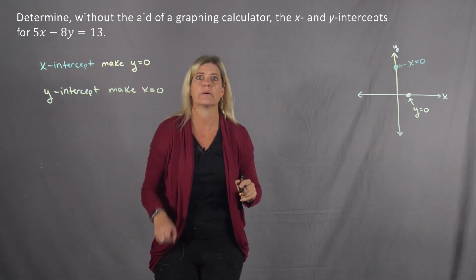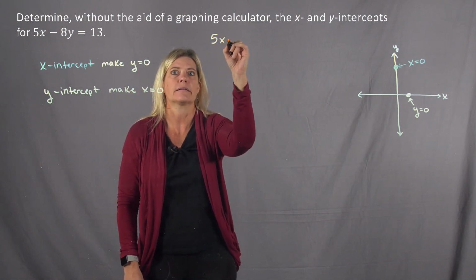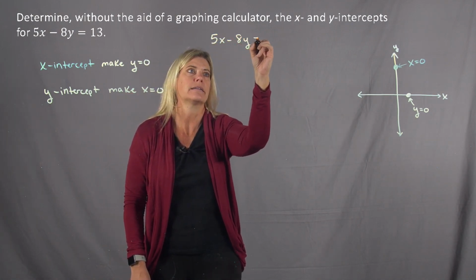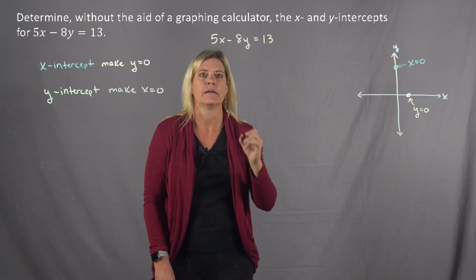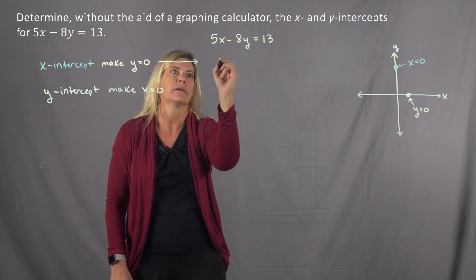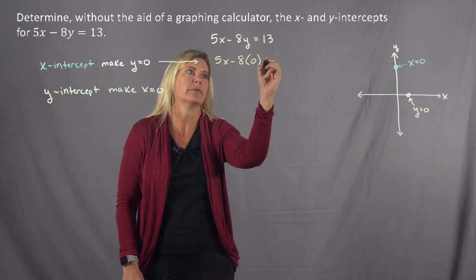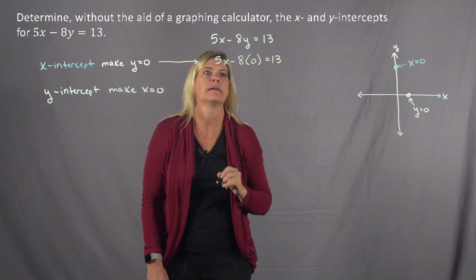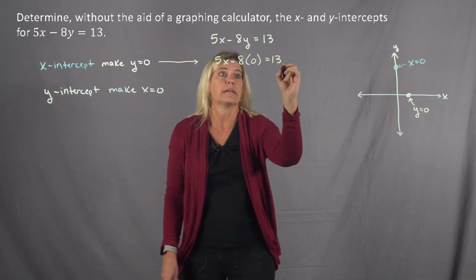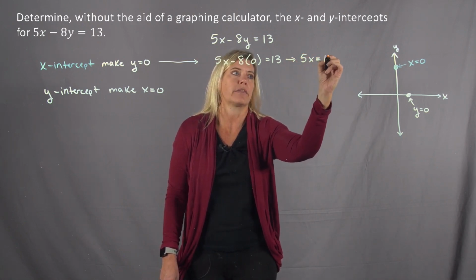Okay, so in order to find the x and y intercepts for 5x minus 8y is equal to 13, to find the x-intercept, we're going to make y equal to 0. So we're going to say 5x minus 8 times 0 is equal to 13. That's just going to give me 0, so we get 5x is equal to 13.